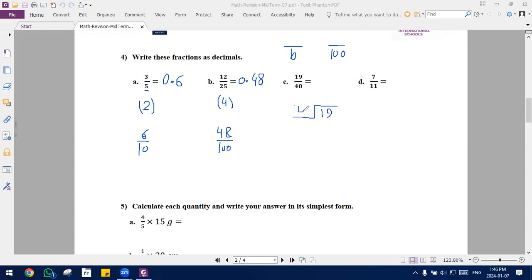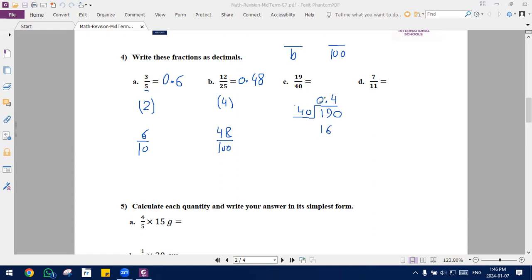19 divided by 40. Now 19 divided by 40, I can't. So we put 0, then we add a decimal, so we add 0 to the 19. 190 divided by 40, we have 4. 4 times 40 is 160.